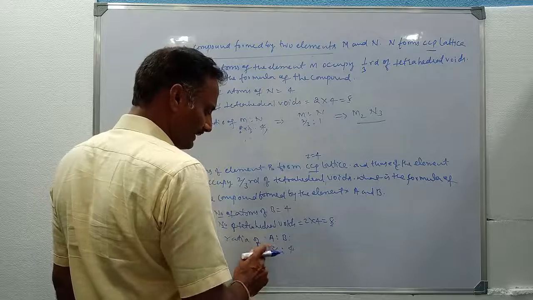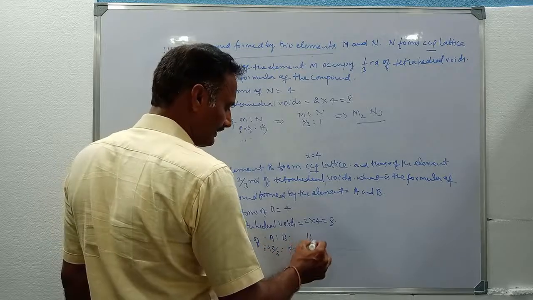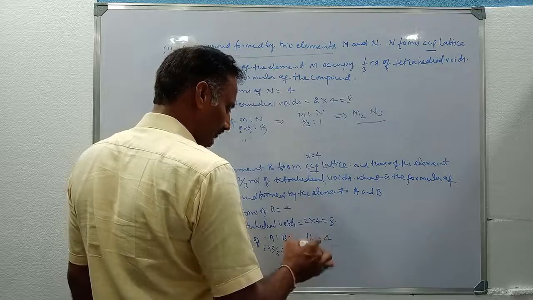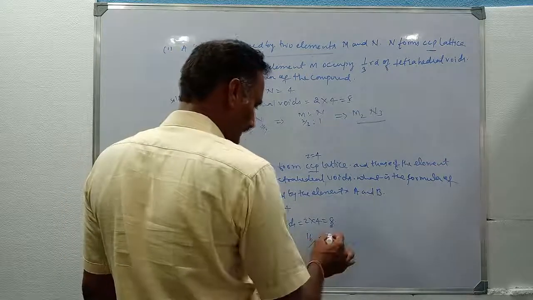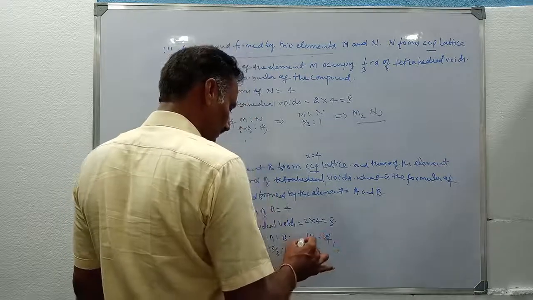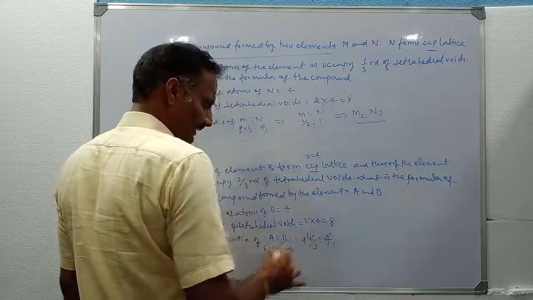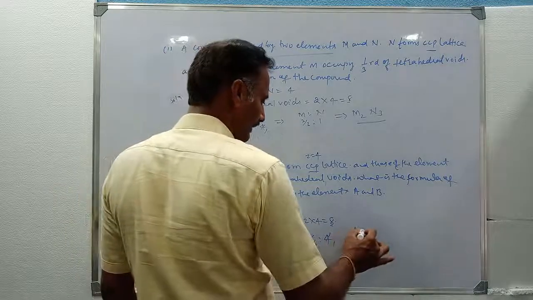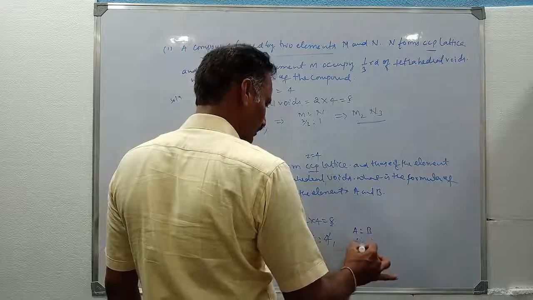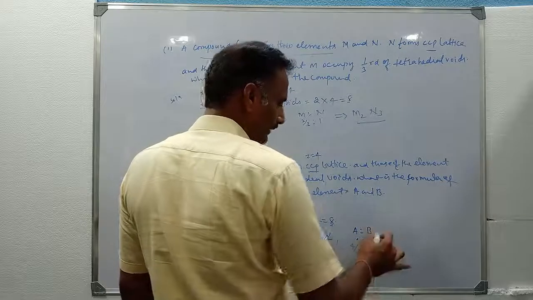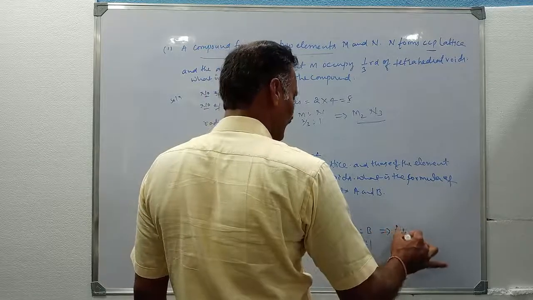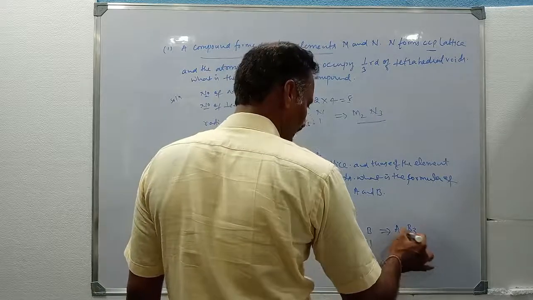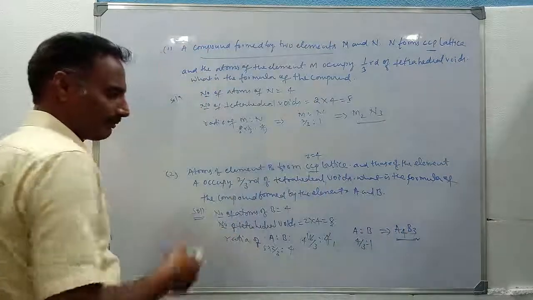That is 16/3 for A and 4 for B, which is 16 to 12. Then the simple ratio of A and B is 4/3 to 1. The formula of the compound is A4B3.